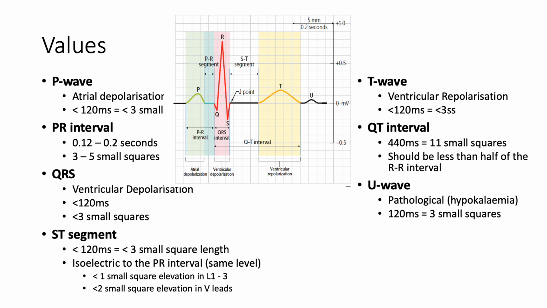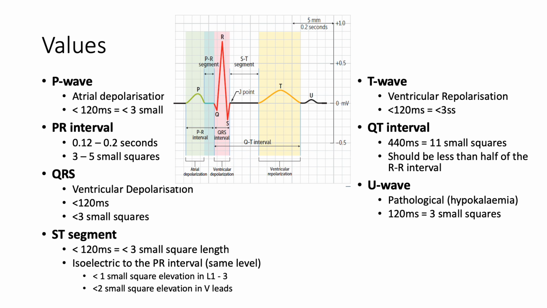The QRS should be quite narrow, which is less than 3. The ST segment should be less than 3 again, and it should also be at the same level as the PR segment. A little bit of change is not too dramatic. Your T wave, we don't really worry about the length of it, but mainly how high it goes or if it's inverted.